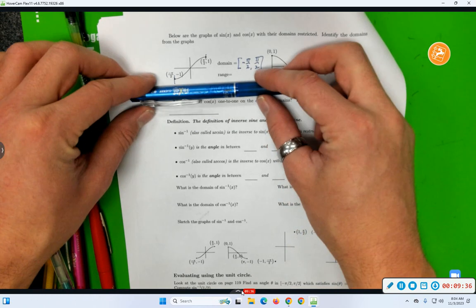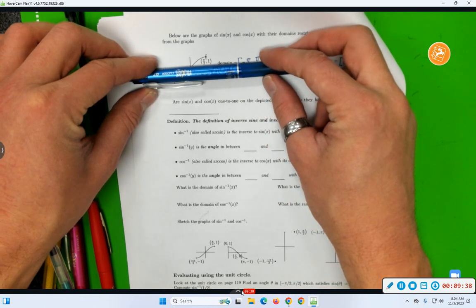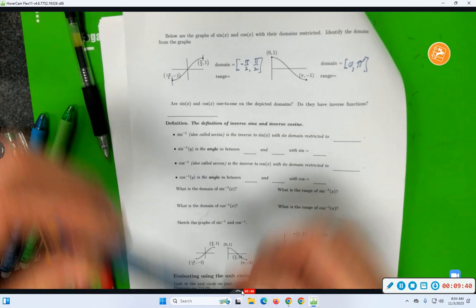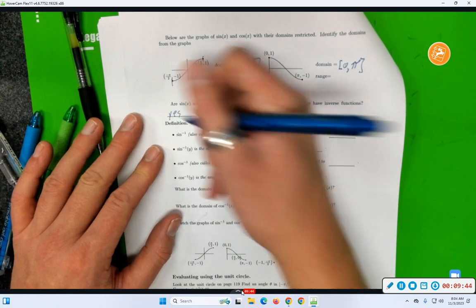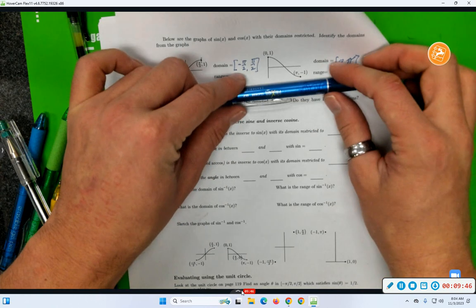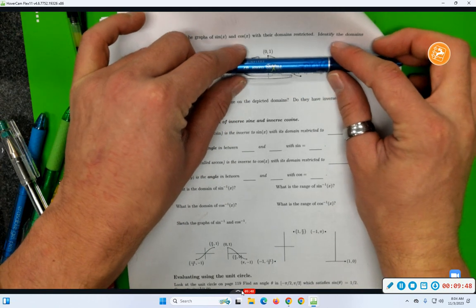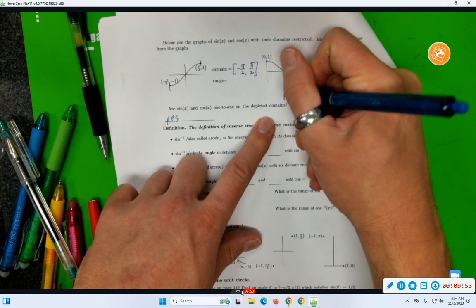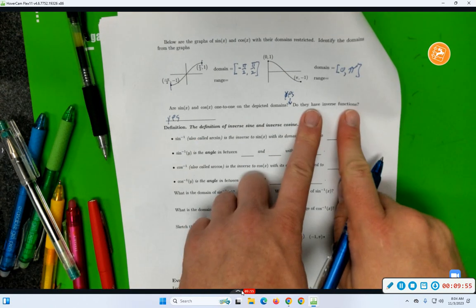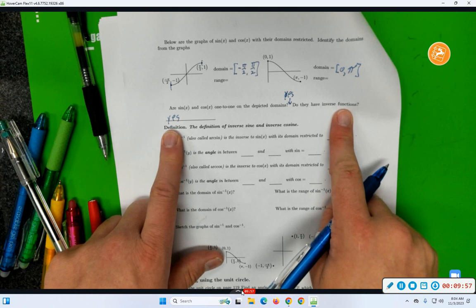Let's draw some horizontal lines. Yeah, each of those horizontal lines crosses sine at most once. So it's one-to-one. Same thing with cosine. So are these one-to-one on their indicated domains? Yes. One-to-one functions have inverse functions. So these have inverse functions.